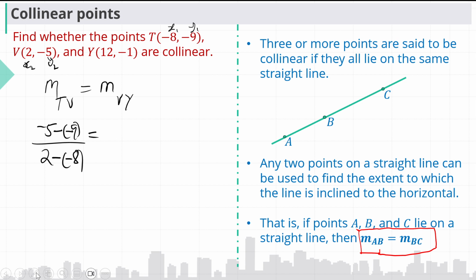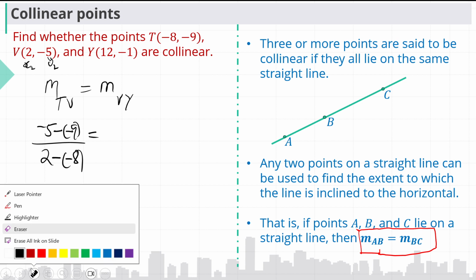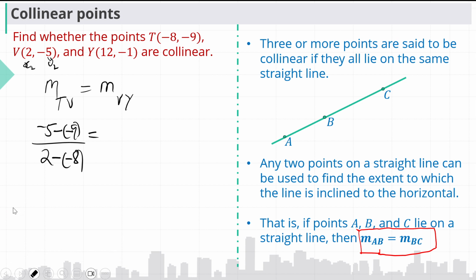For the right hand side, we want to use the 2 points V and Y. So let the point V be x1, y1 and the point Y be x2, y2. So gradient is y2 minus y1 divide x2 minus x1.